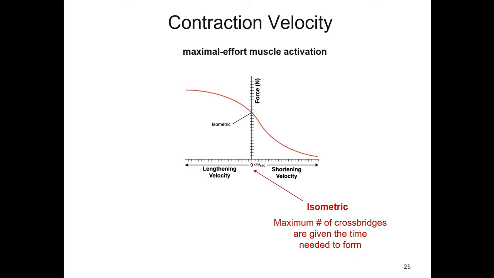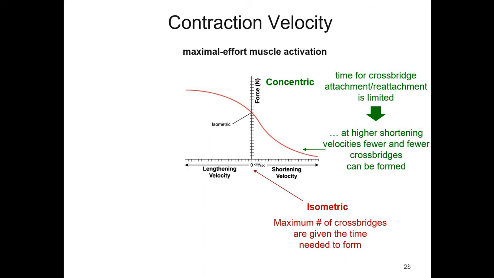Thus we are looking at an isometric or constant muscle length contraction. In an isometric contraction, the maximum number of cross bridges are given time to form. The values on the right side of the graph are for when the muscle is shortening while it's being innervated. Activation of a muscle during muscle shortening is referred to as a concentric contraction.